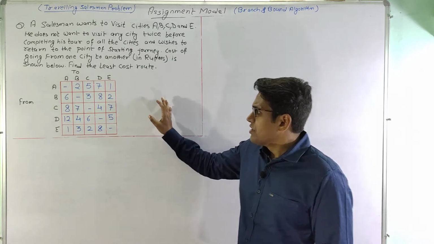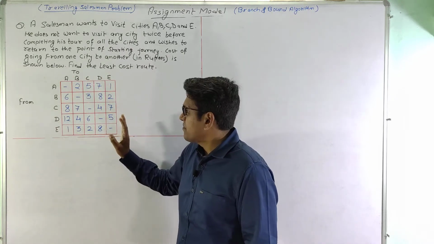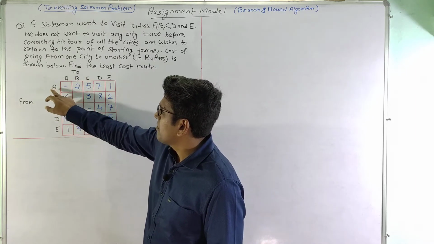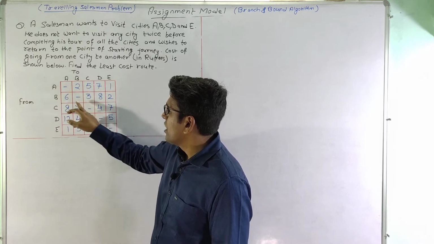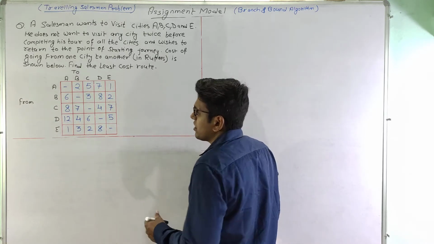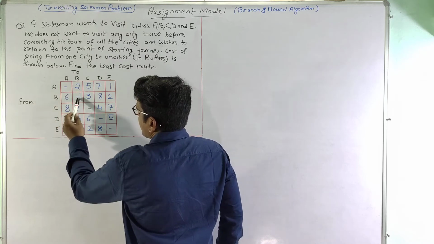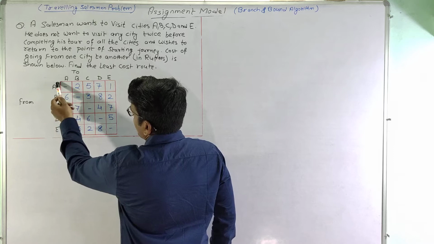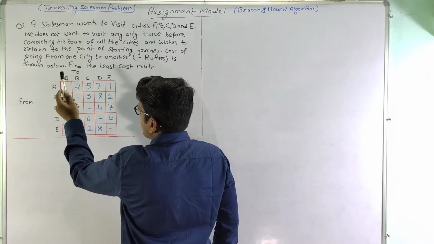So this is the cost matrix it is given, and in place of 0 from city A to A, B to B, we have put a dash sign just to make sure that there is a restriction on the salesman going from one city to the same city.